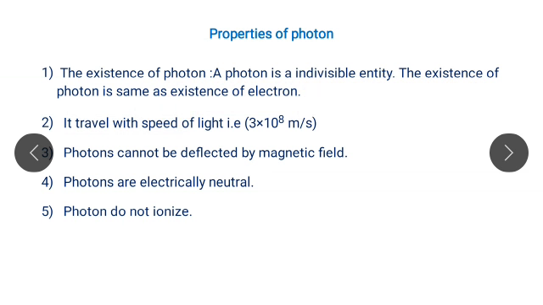Second property is that photons travel with the speed of light, and we know the speed of light is given by c equals 3 into 10 raised to 8 meter per second. Third property is photons cannot be deflected by magnetic field. Fourth property is photons are electrically neutral. Fifth property is photons do not ionize.